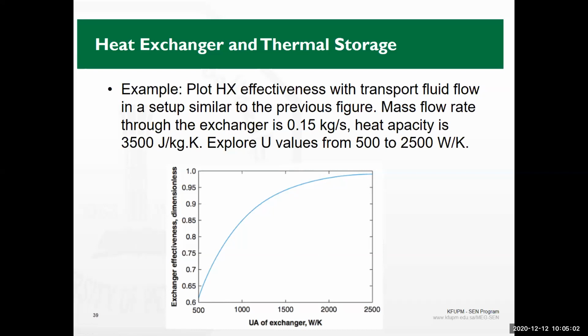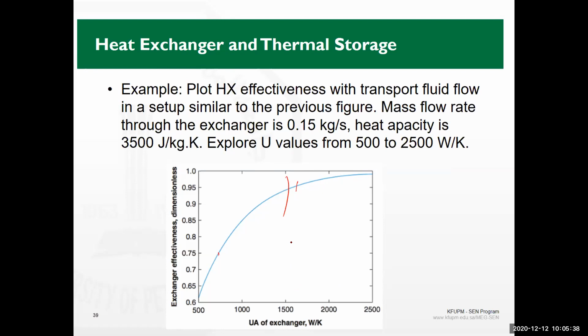A figure like this can help in sizing the storage, because you would not definitely stop here, since adding area is going to add effectiveness significantly. But maybe you can stop further along and say that increasing the area more is going to cost a lot of money, but the corresponding increase in effectiveness is not significant, so it's not worth it. Then you can set your threshold, for example, at 1,500 watt per Kelvin.